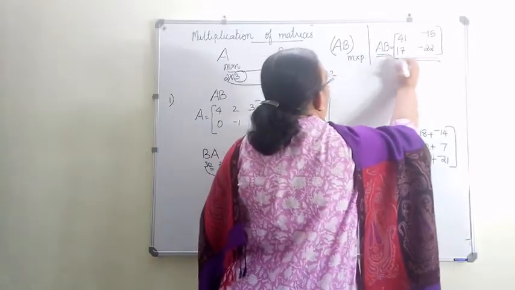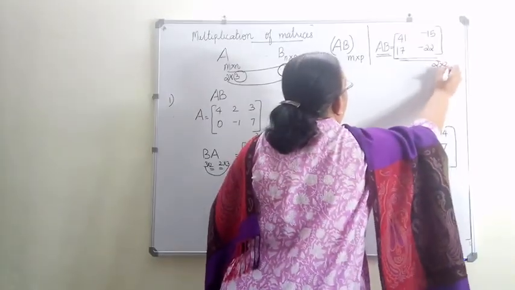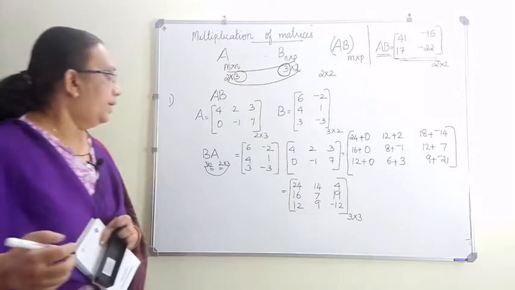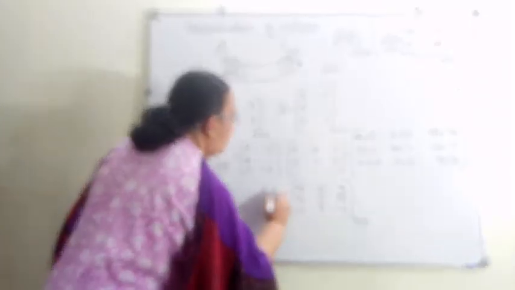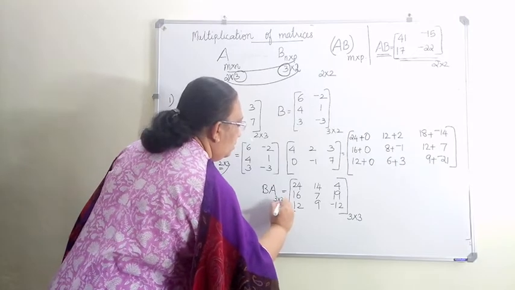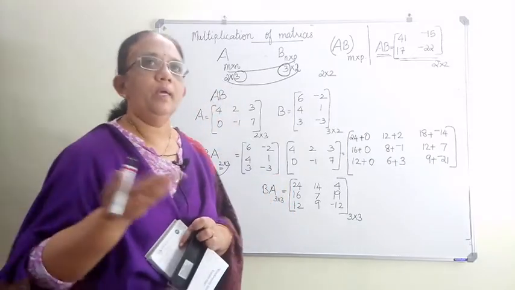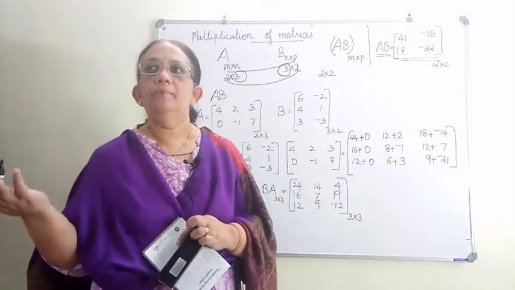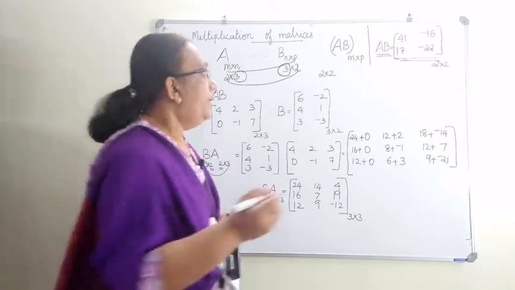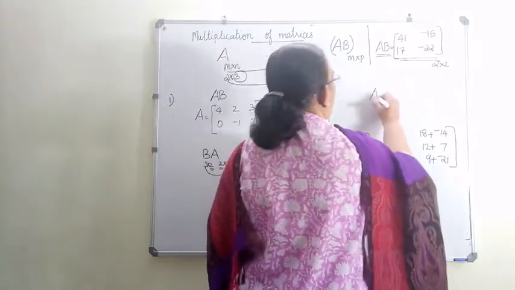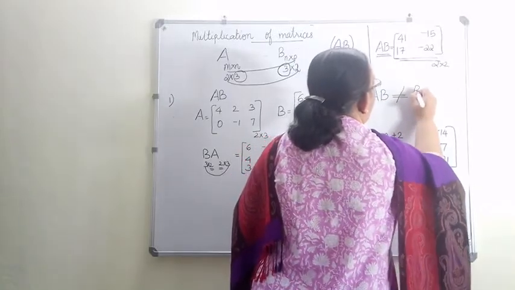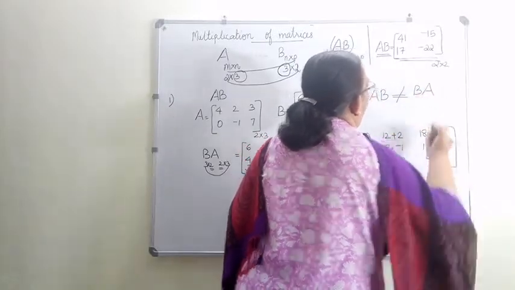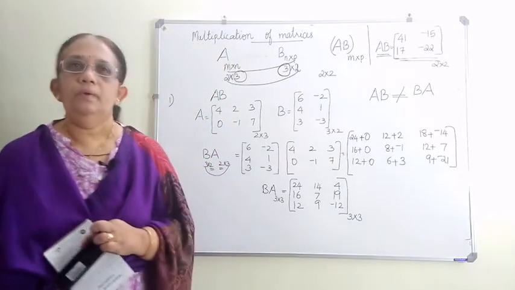So, here AB was of order 2 by 2. BA is of order 3 by 3. You can multiply AB and BA, but you found that AB is not equal to BA.